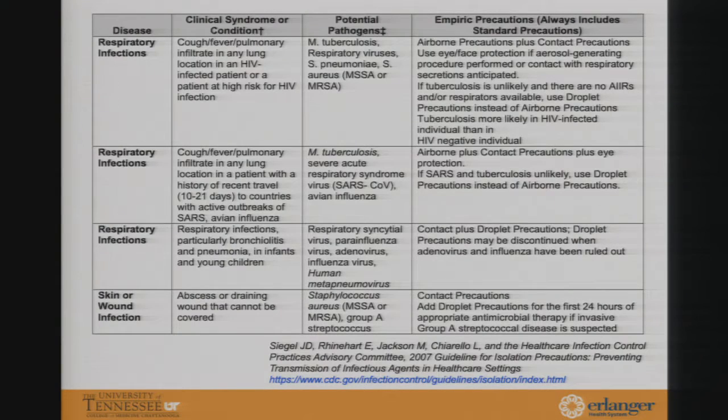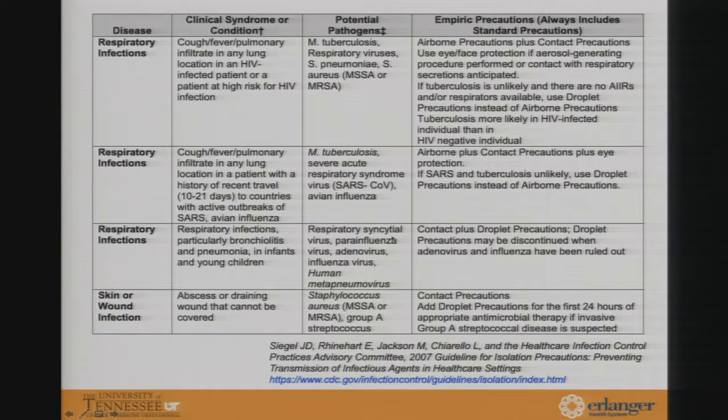Here is a slide from your friends at the Centers for Disease Control. And this is the table that looks at respiratory infections and their precaution list. So ones that you would expect, MTB gets these airborne precautions, some of these emerging coronaviruses, they're all coronaviruses, also use airborne precautions.